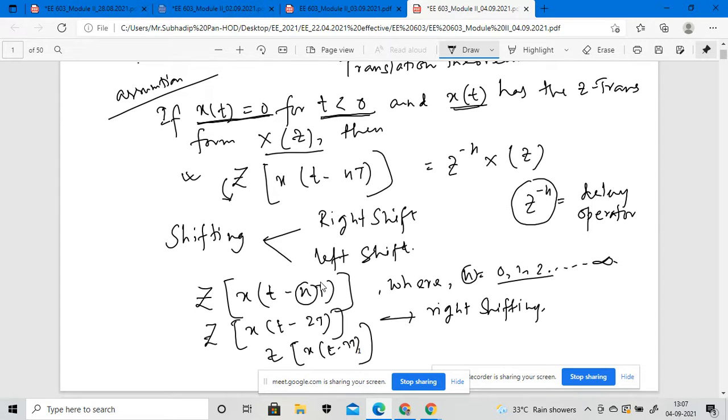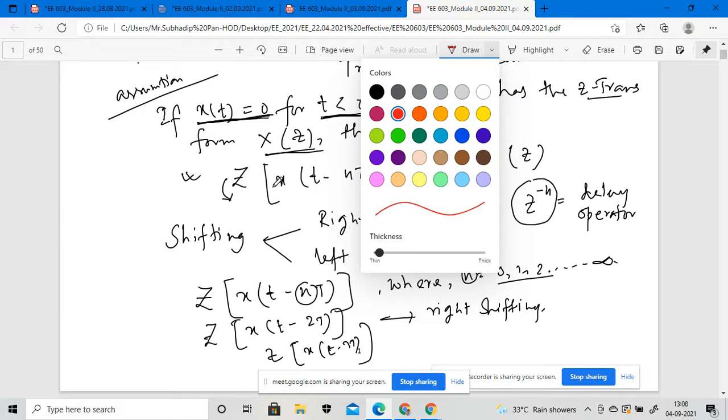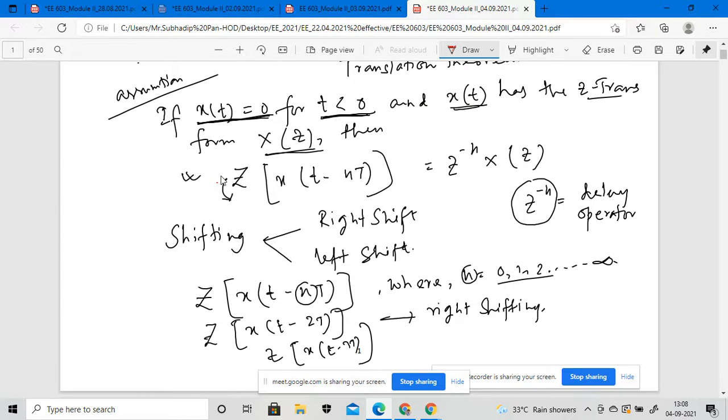Okay, so the shifting theorem says that if x of t is equal to 0 for t less than 0, and if this particular time function has the z transformation X of z, then the z transformation of x of t minus nT is equal to z to the power minus n into X of z, where z to the power minus n is actually called the delay operator.